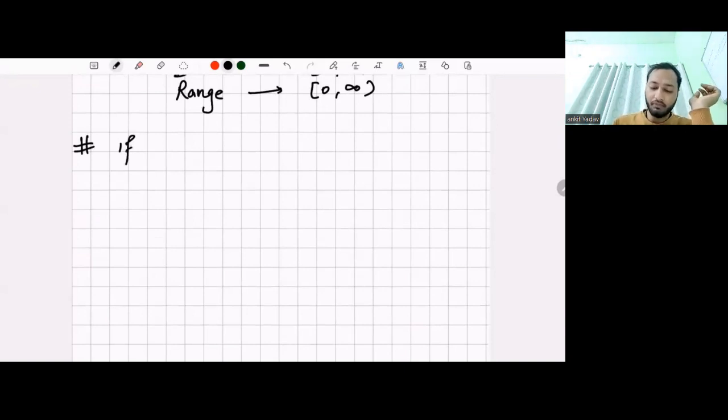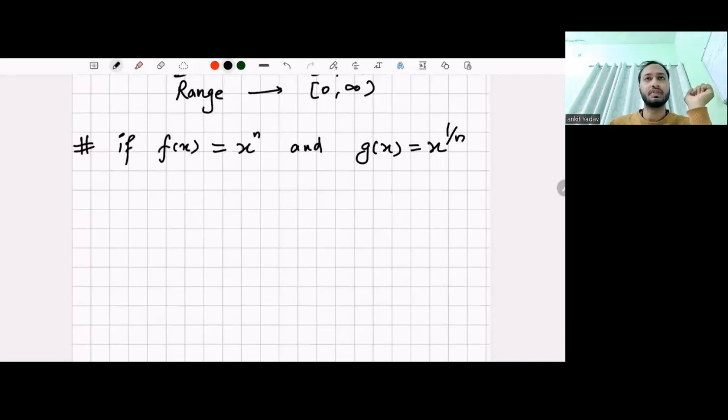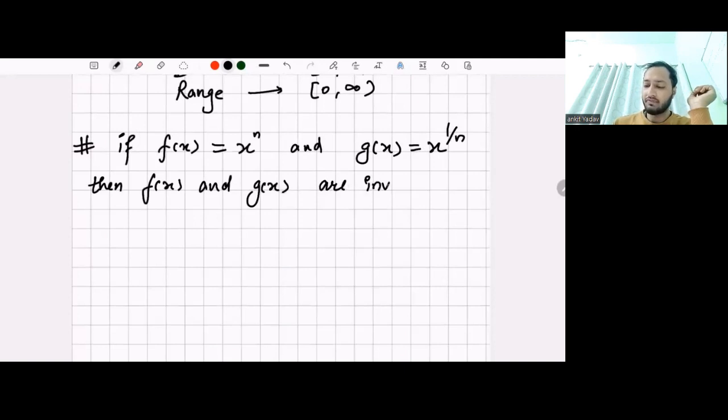If f(x) is equal to x की power n, ठीक है, and g(x) कोई और फंक्शन है which is x की पावर 1/n, ठीक है, then f(x) and g(x) are inverse of each other.